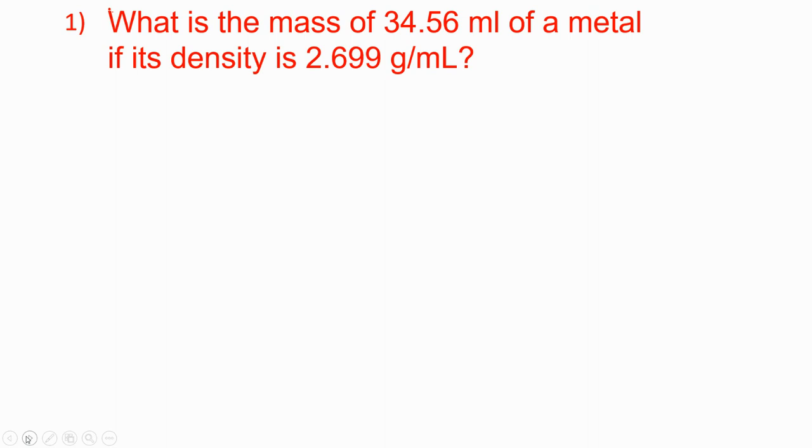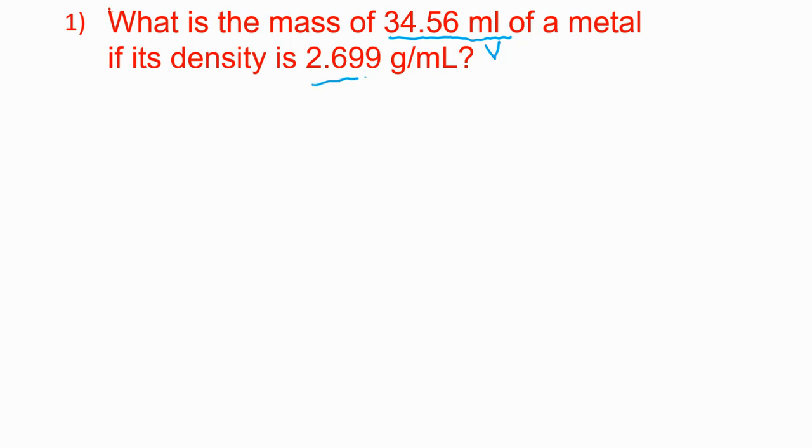What is the mass of 34.56 milliliters of a metal if its density is 2.699 grams per milliliter? Let's take a look at this problem by first identifying the variables that are given to us. We're given 34.56 milliliters. I need to recognize that that is a volume. We're given 2.699 grams per milliliter.